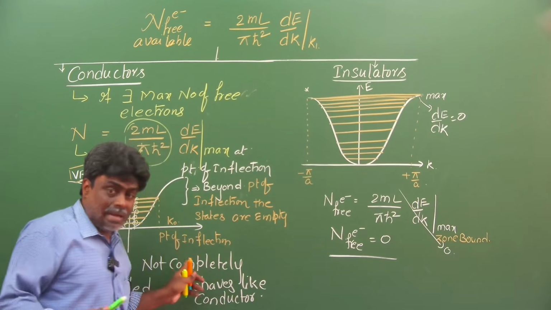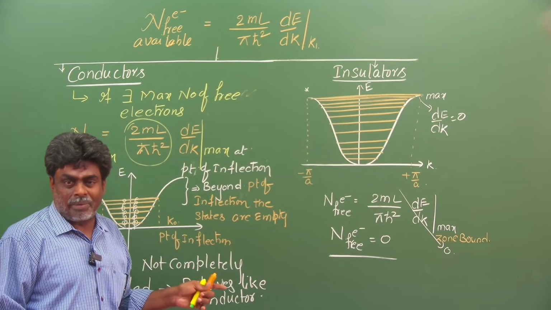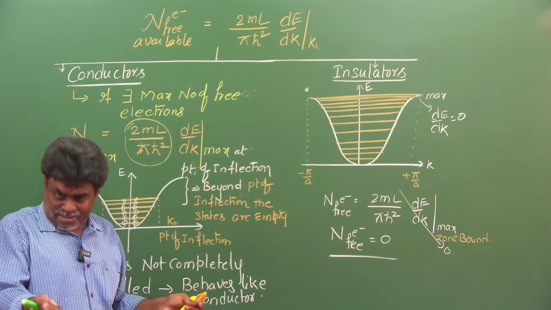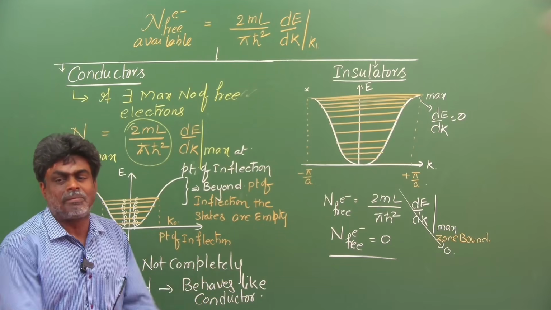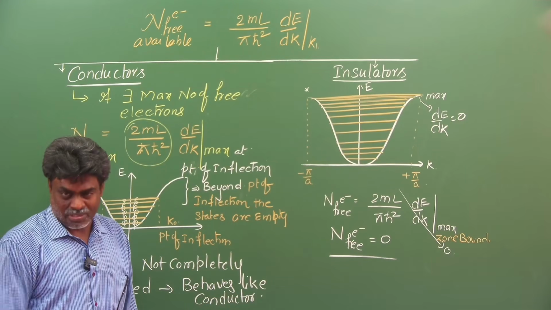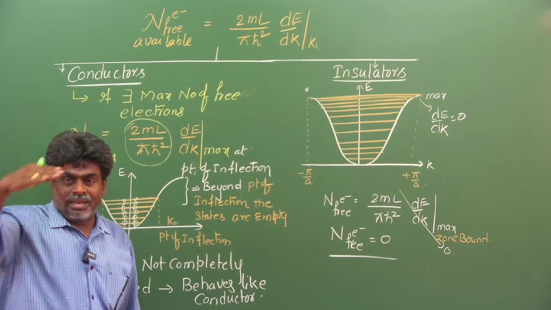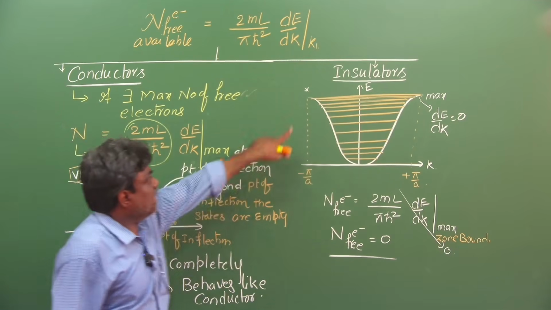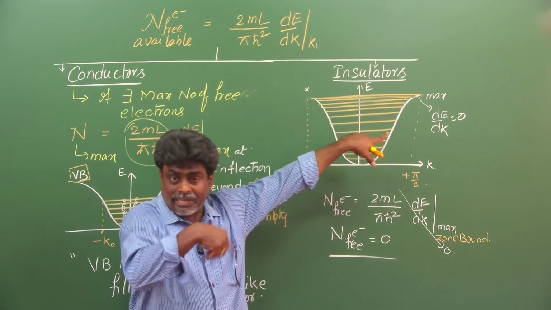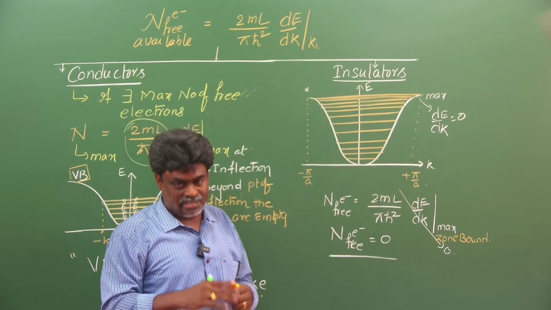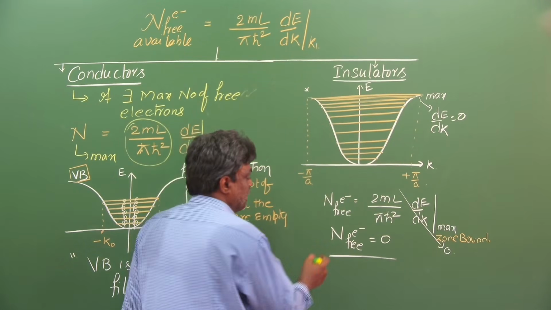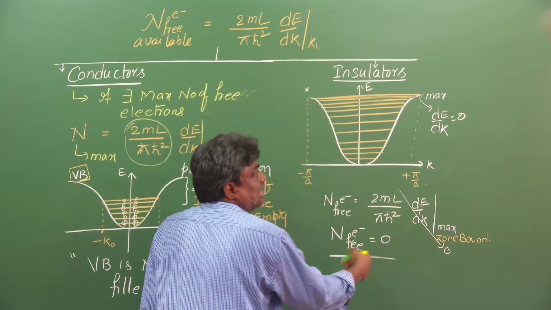If it is incompletely filled, then if you give small energy, either lattice vibration or something else, it will participate in the conduction process, because there are higher states the electron can go to. Here, are any higher states there in that band? That's why there won't be any conduction. So finally, the number of free electrons available is 0.